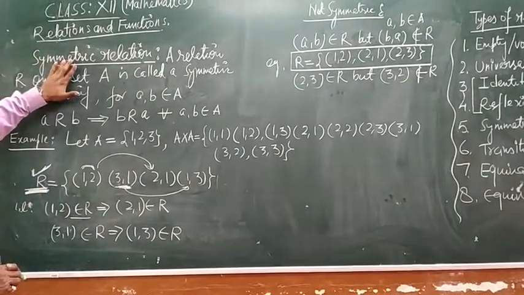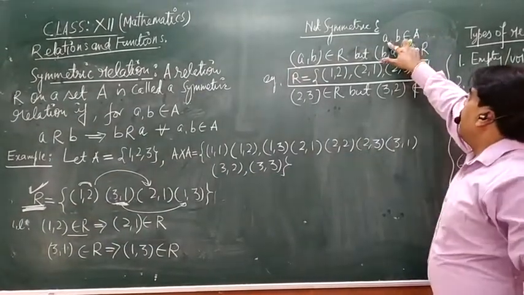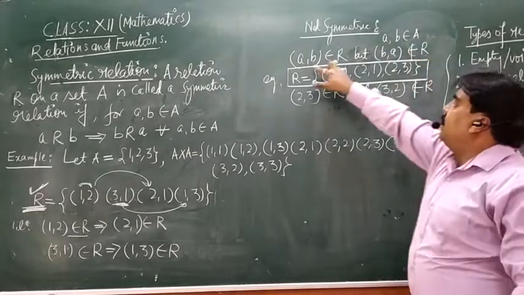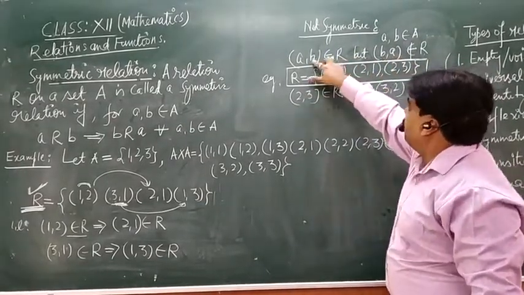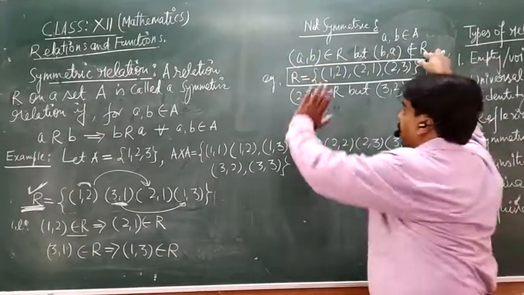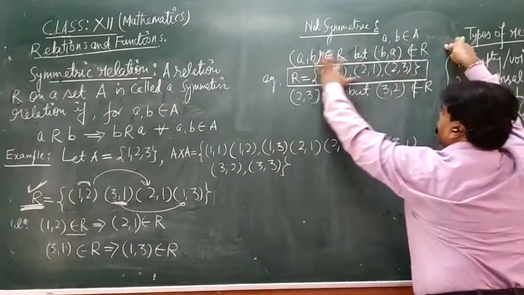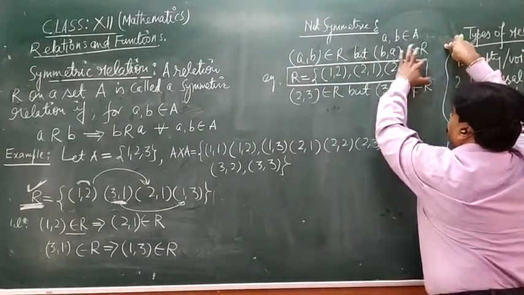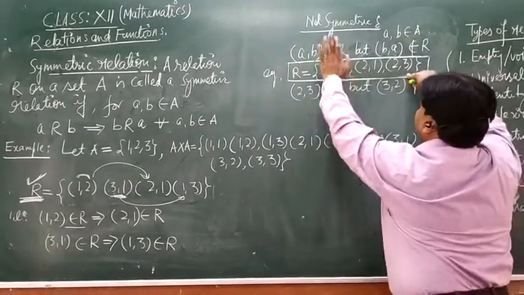Now when will a relation not be symmetric? Just look here: a and b are elements of A, (a, b) belongs to R, but (b, a), if we interchange, does not belong to R. For example, let's suppose a relation R is given, and we want to check whether this relation is symmetric or not.